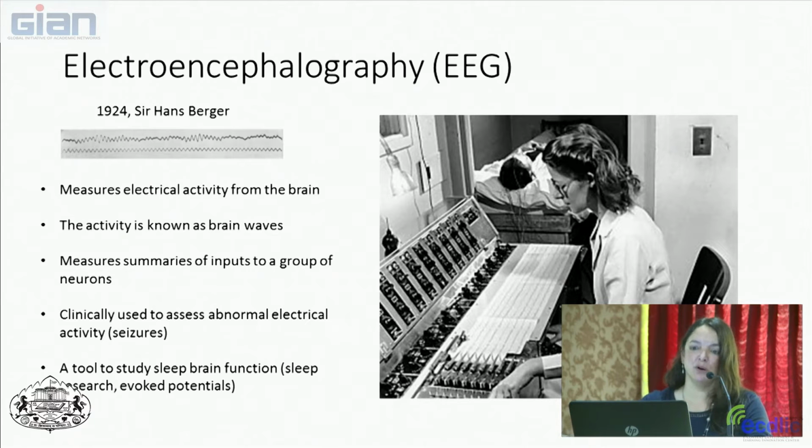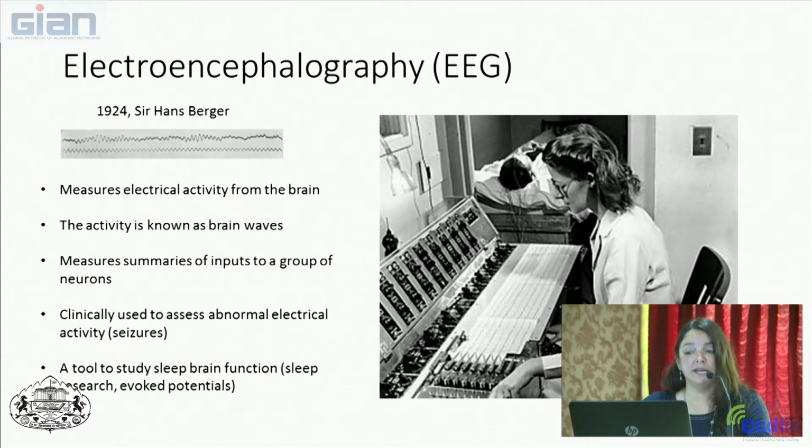Sir Hans Berger first recorded an EEG signal in 1924. And as I said, EEG measures direct electrical activity from the brain. And the activity that it collects is known as brain waves. So you can see underneath the 1924 Sir Hans Berger, at least the top one is a brain wave that's collected using EEG.